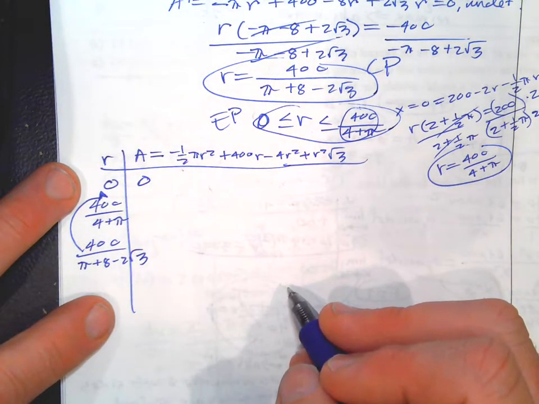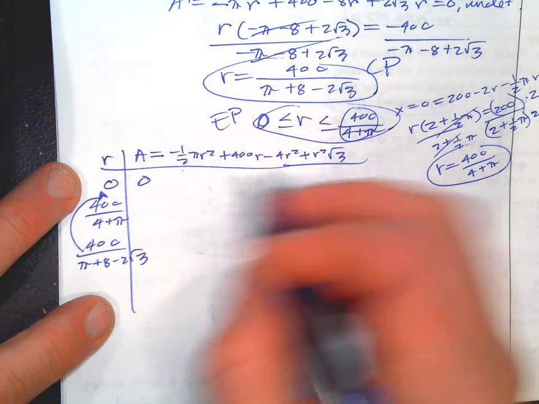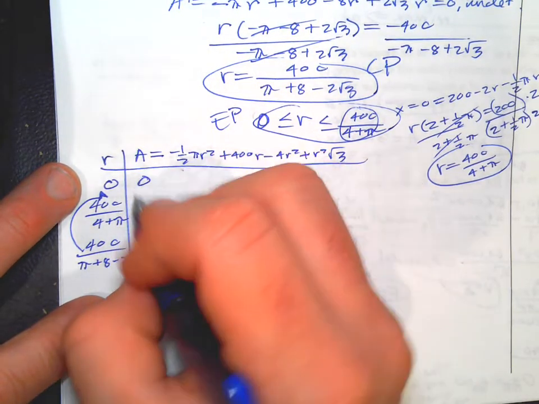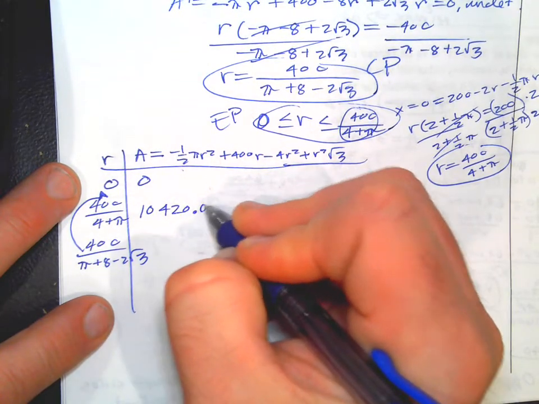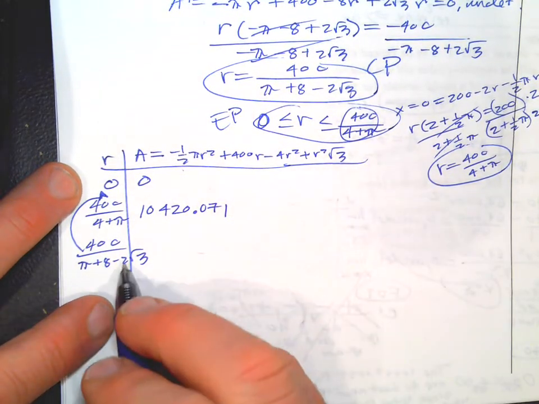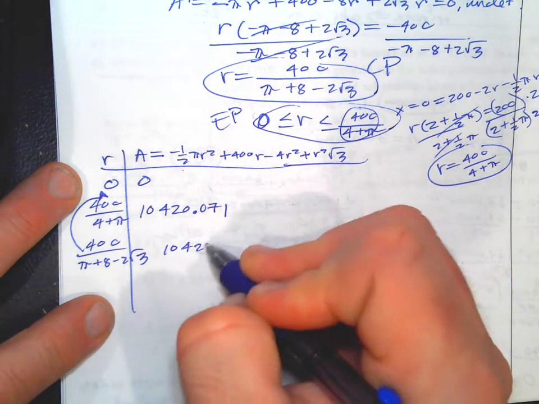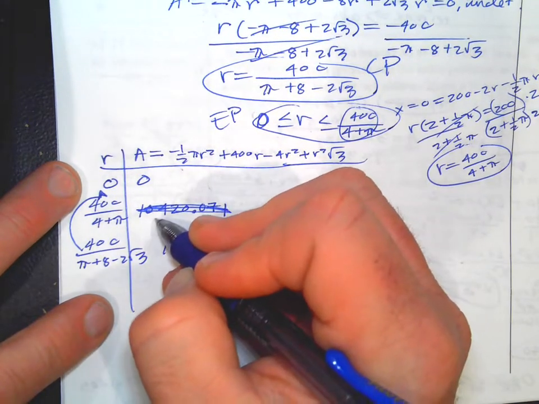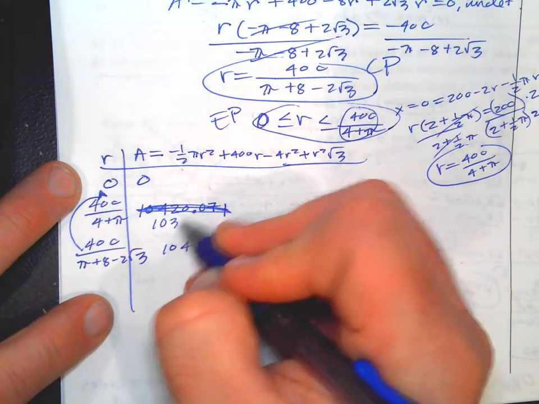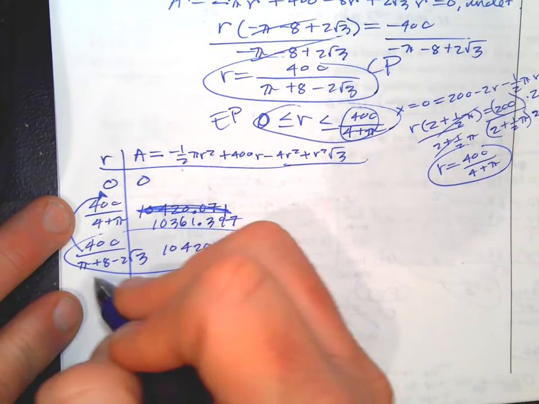Okay. Plug this in. I'm not even going to write it down. Using my calculator, I got 10,420.071. Actually, that's for this one because I messed up the order. This one ends up being 10,361.397. So we're looking for max area. It happens at the critical point.